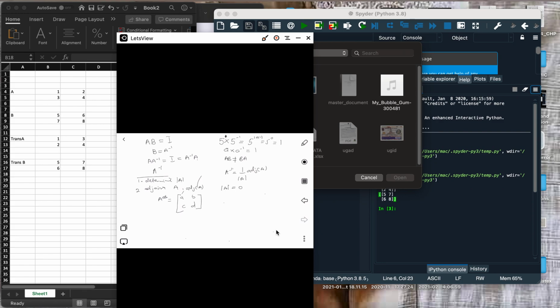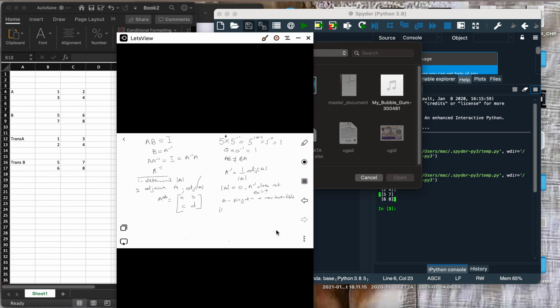If the determinant is equal to 0, there is no need finding the adjoint because what we're looking for does not even exist. So if the determinant is 0, then A inverse does not exist, and we say the matrix is singular or non-invertible.